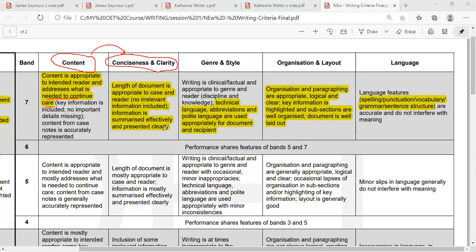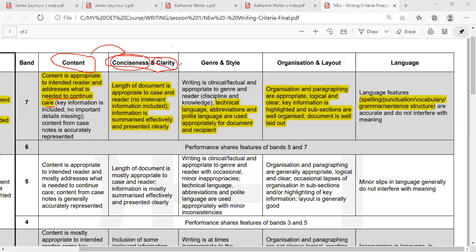What I mean by this? I mean that you might find in the case notes many irrelevant information. This irrelevant information I should omit. I should not be writing them down in the referral letter that I'm going to write. That's what I mean by conciseness.